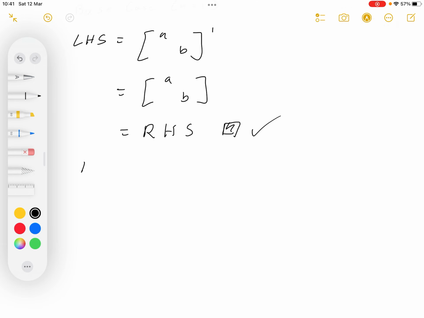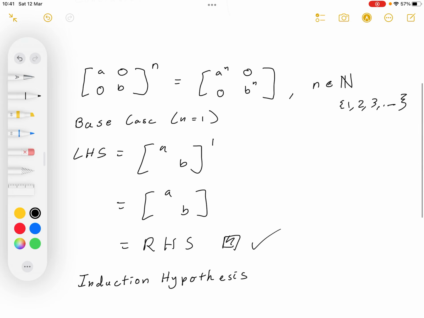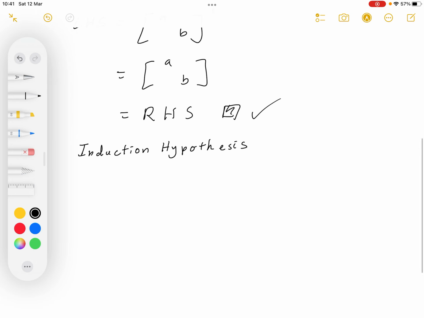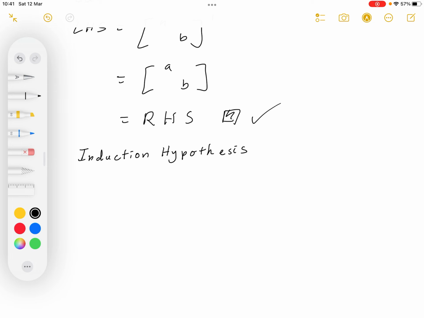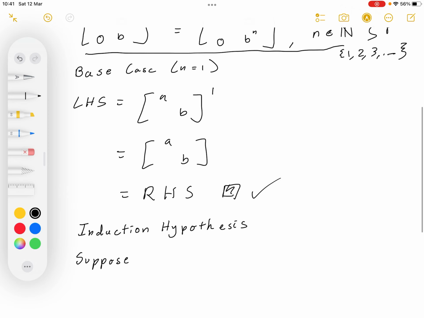Now we need the induction hypothesis. The induction hypothesis would be that this statement is true for some number k. We'll call this statement P, so we don't have to write it out again.